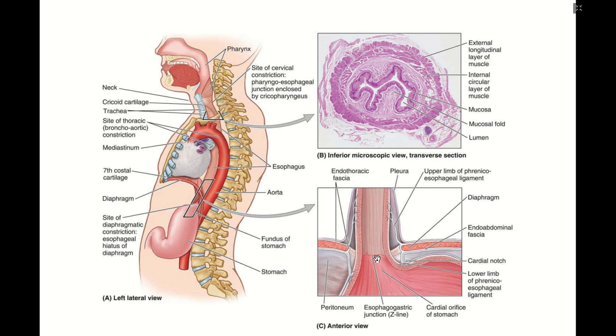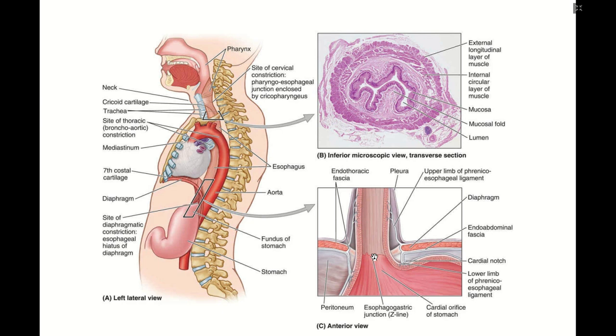So there's a junction. If you look at the histology, there's a junction between the esophagus and the stomach, as the esophagus drains into the cardiac orifice, anterior to the T11 vertebra. You're going to have what is called an esophagogastric junction, which is called a Z line.